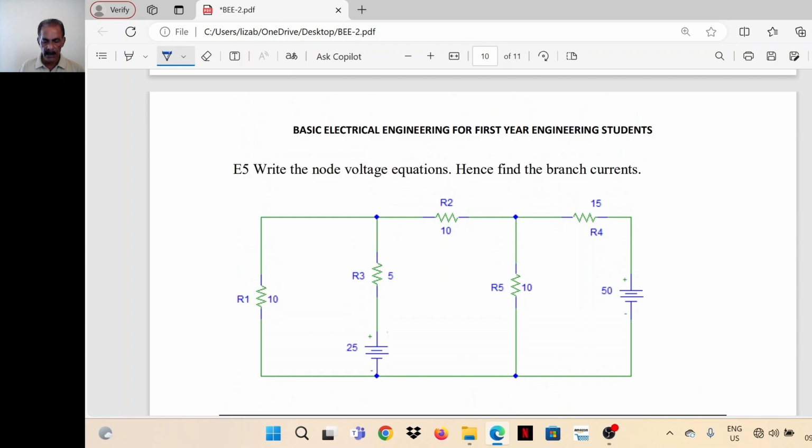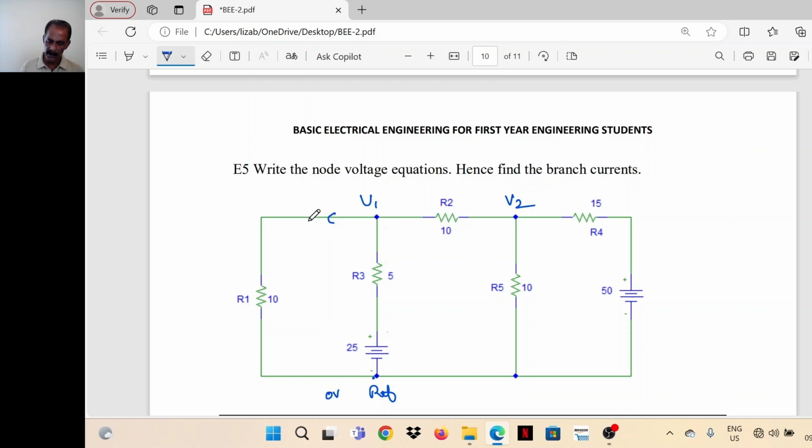So the next example is to write the node voltage equations and hence find the branch currents. There are two nodes in this case, V1 and V2. This is the reference, with 0 volts.